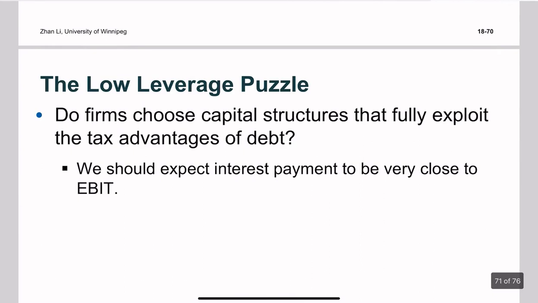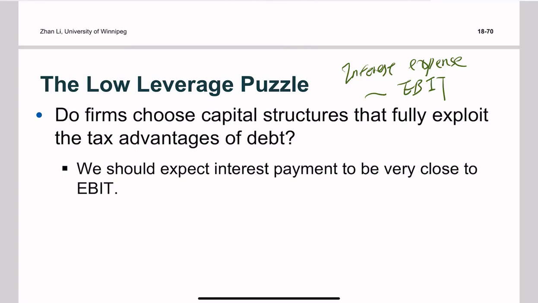Okay, now if we summarize our findings generally, interest expense should be close to the EBIT level. Of course, due to uncertainty, you don't want interest expense to be exactly the same as EBIT.